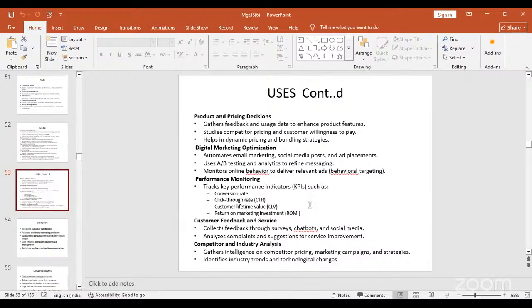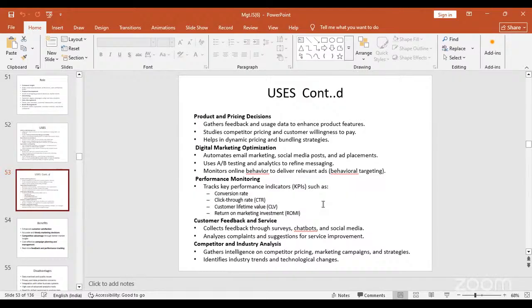Performance monitoring is also another important use of the marketing information system. It tracks the key performance indicators, KPIs, such as conversion rate, click-through rate, customer lifetime value, and return on marketing investment.